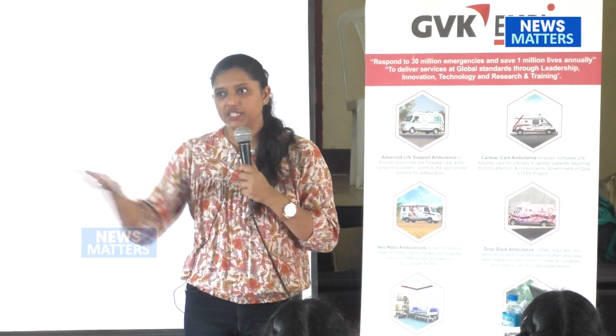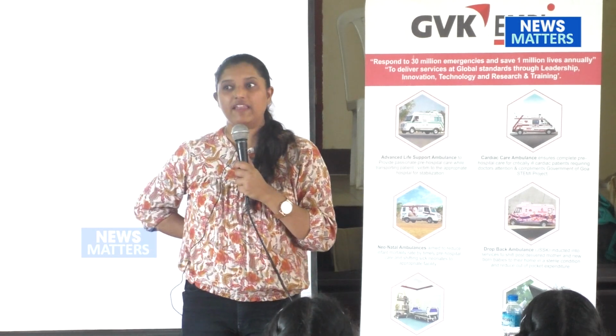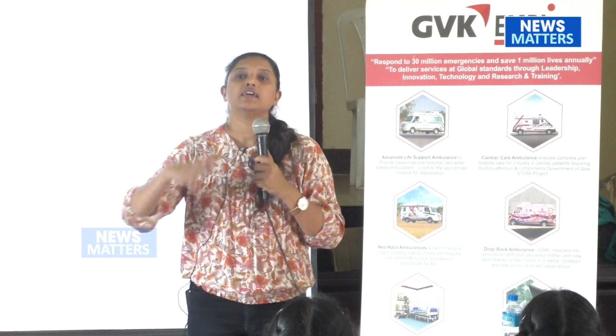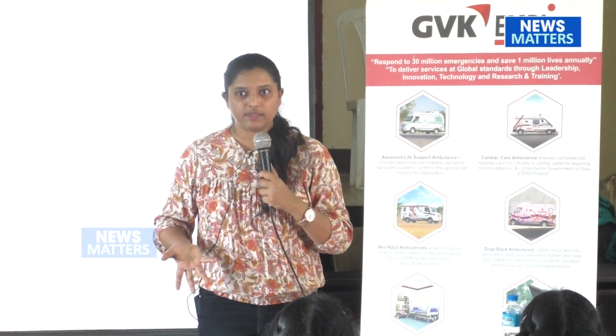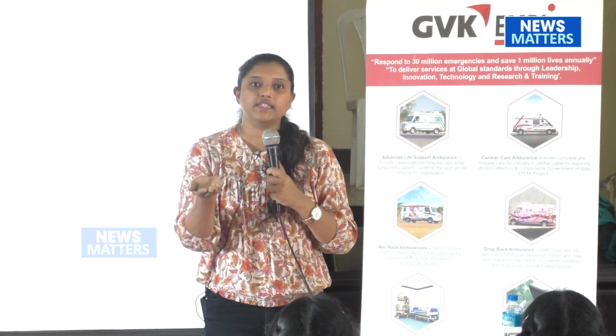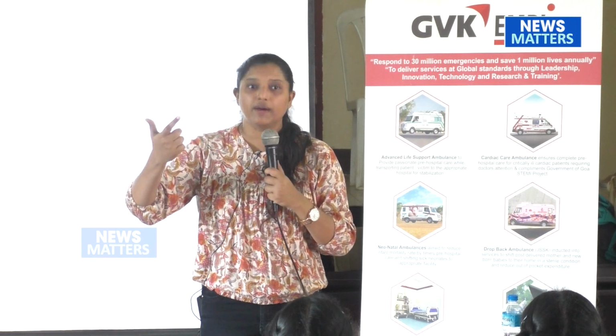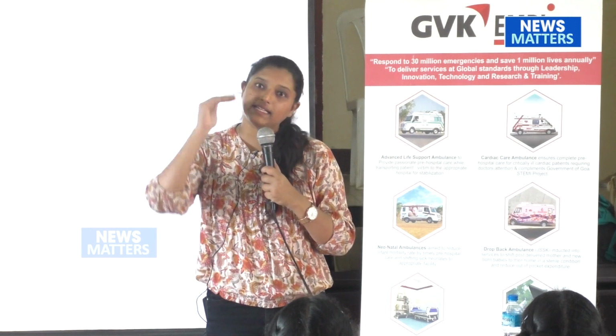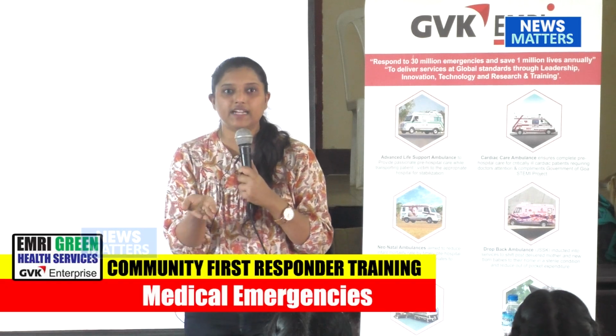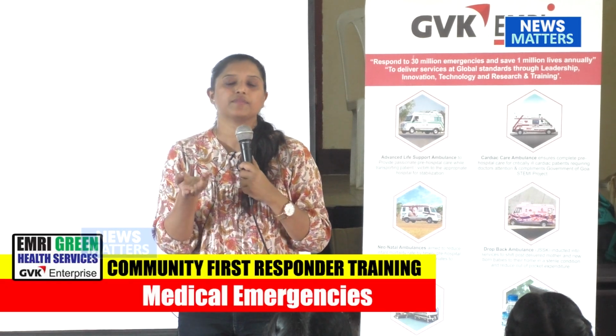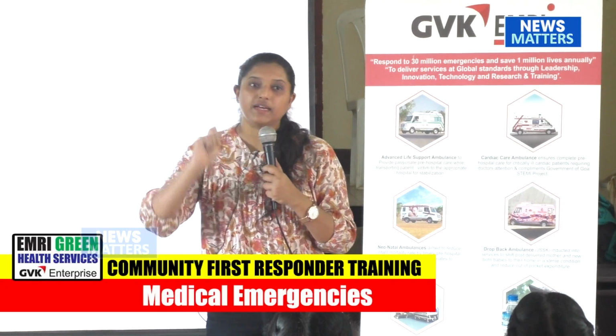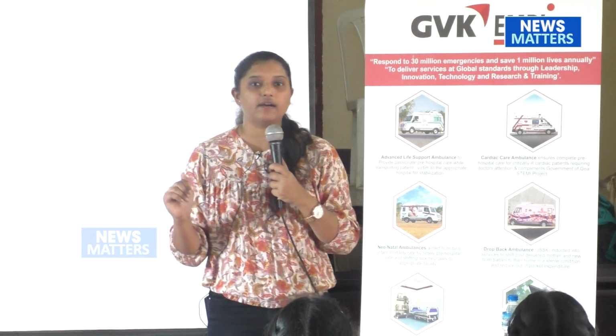When the pregnant woman is lying flat on her back, her uterus, because of the baby, the pressure is not letting the blood supply reach the mother. That blood supply is reducing. It is pressing that vein, the inferior vena cava. So that's why the mother's BP will go down.